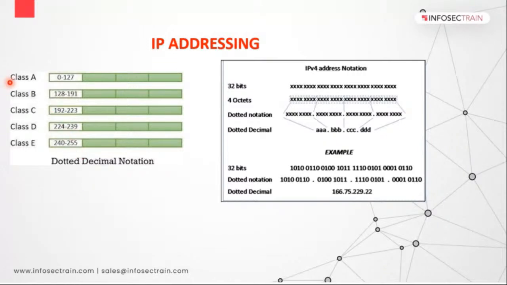These are the classes. Class A: IP addresses starting from 0 to 127. Then in class B, the IP addresses from 128 to 191. Then in class C, we have IP addresses from 192 to 223.